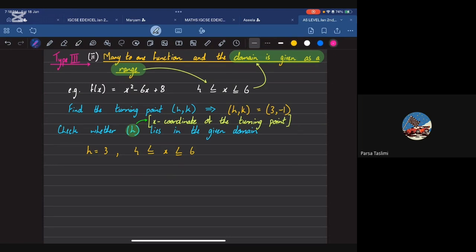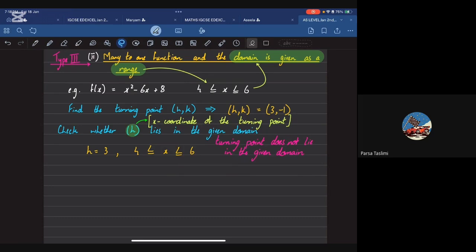Turning point does not lie in the given domain. Clear? Now, what if your turning point does not lie in the given domain? What will you do? It is extremely simple.